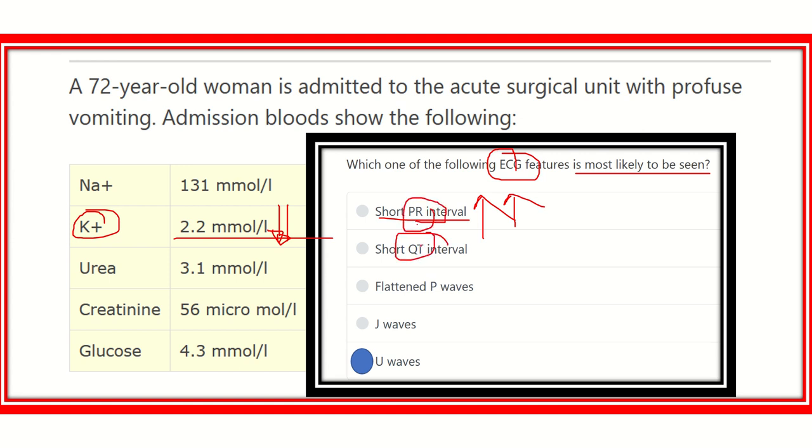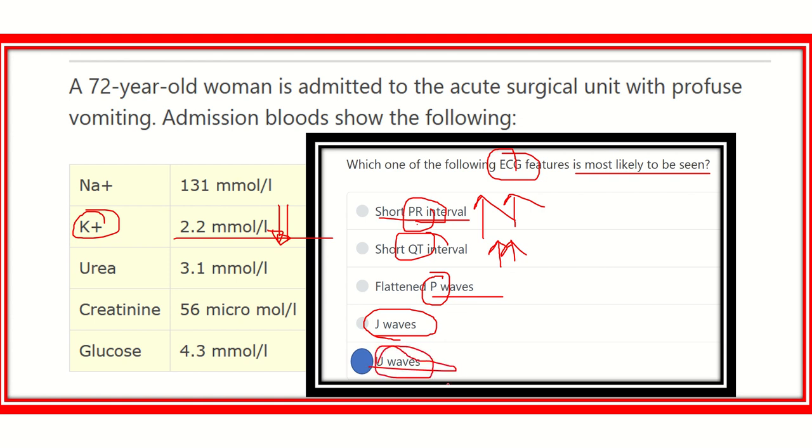The QT interval is also increased in hypokalemia, so short QT is wrong. Flattened P wave is wrong too; in hypokalemia the P wave is absent. The J wave is not present here; it belongs to another lesson. The U wave is the true option.